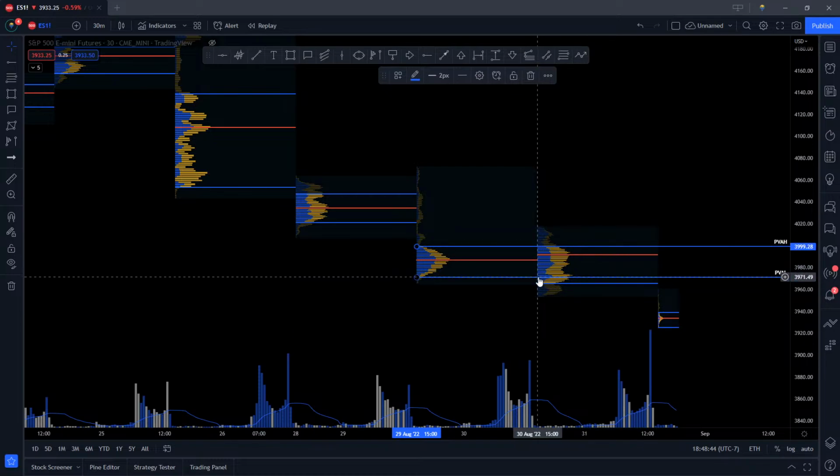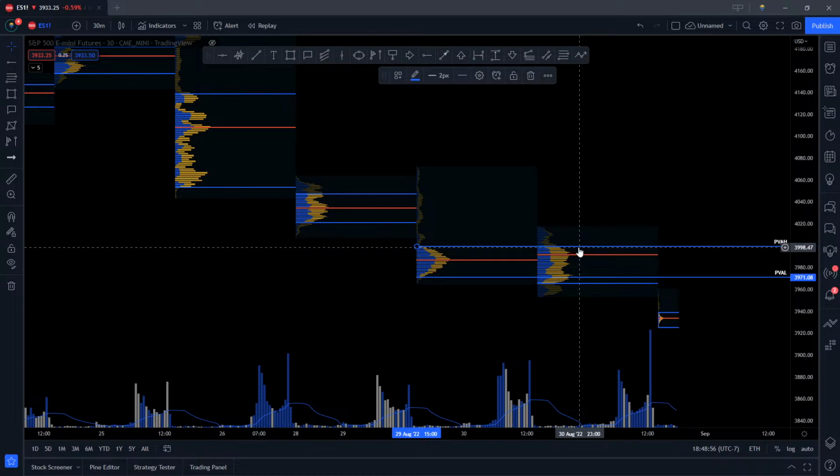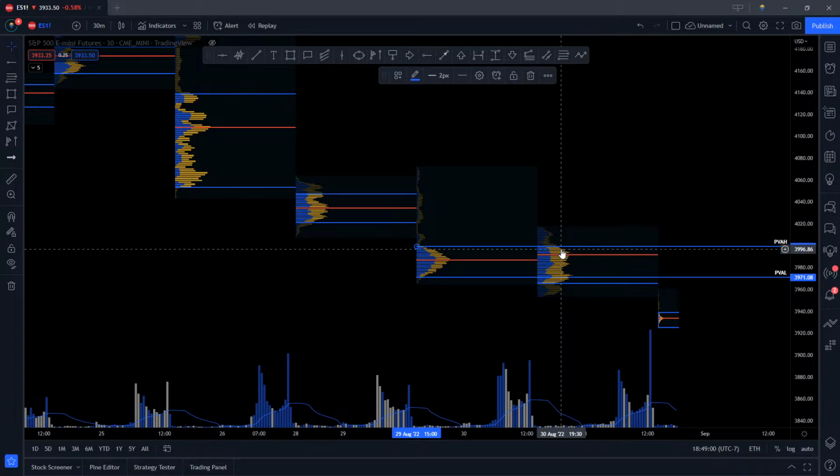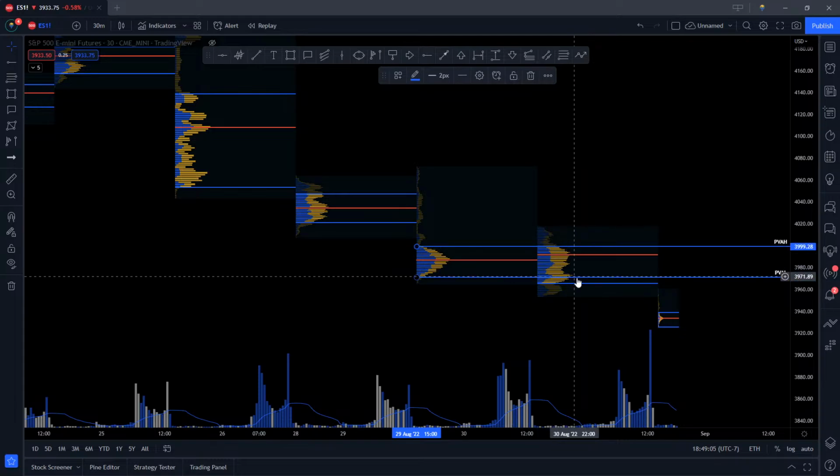Essentially, if you open below the value area low and you cross back over into it, 80% chance you go from the value area low to the value area high. Same thing with the top. If you open above and cross back in, 80% chance that you're going to the far side as well.